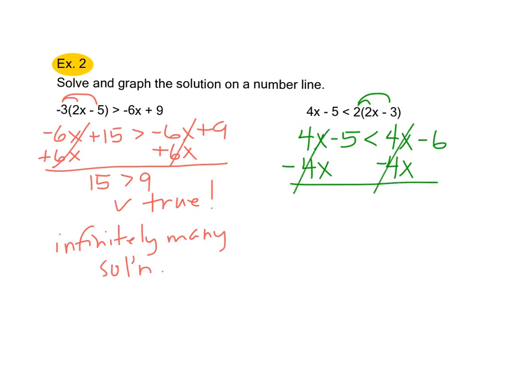The variables cancel again, but now I have negative 5 on the left is less than negative 6. That's actually not true. If you look at the number line, negative 5 is closer to 0 than negative 6 is. Therefore, it's not less than. Because of that, this inequality would have no solution.